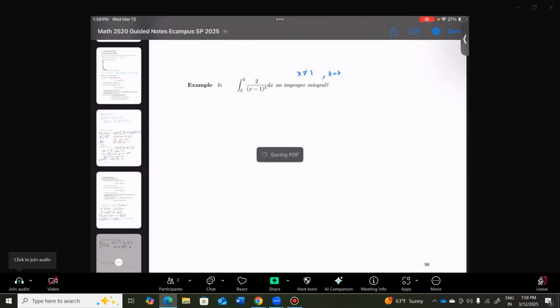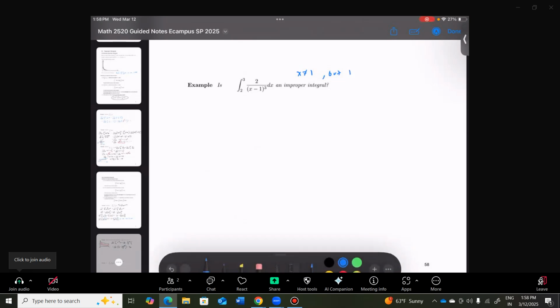Therefore, this is not an improper integral. This discontinuity is not in the region from x equaling 2 to x equaling 3.